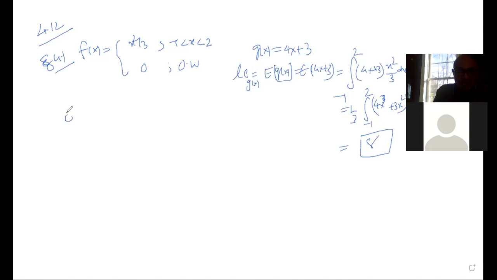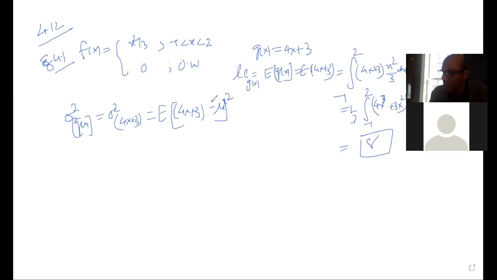So sigma square of g(x) is equal to sigma square of 4x plus 3, and that is equal to E of (4x plus 3 minus nu) whole square, with nu equal to 8.